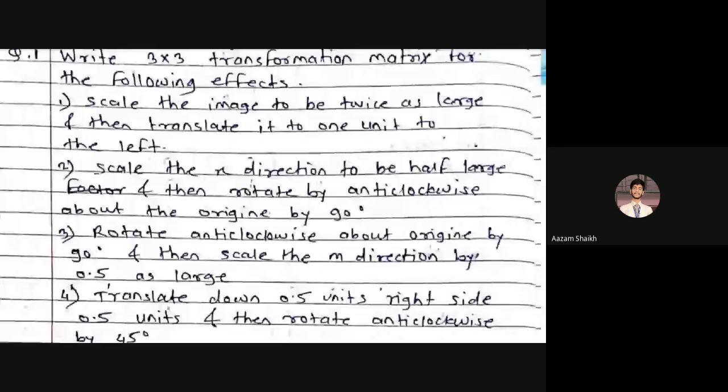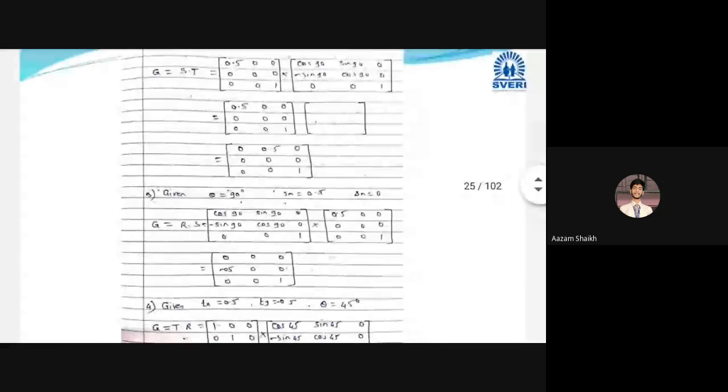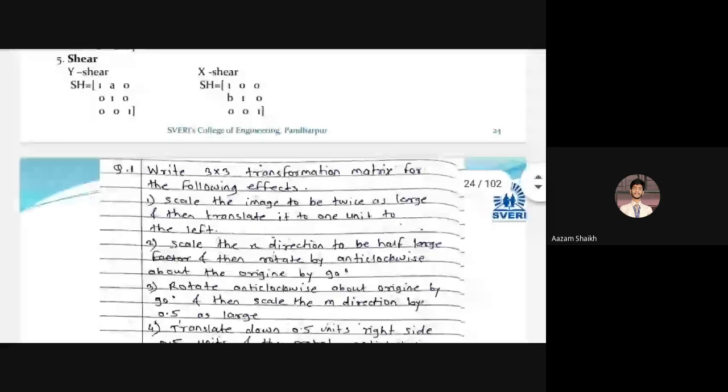30 minutes are remaining, so we can start the next problem and the last problem of this chapter. I think I have not taken the last problem in the PPT. I will open my notes. So wait for 2 minutes and try to multiply. Those are remaining.